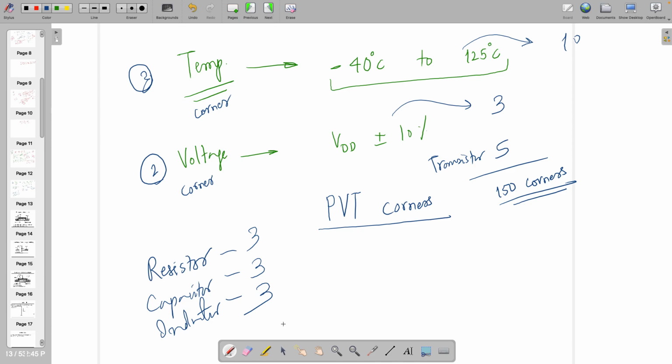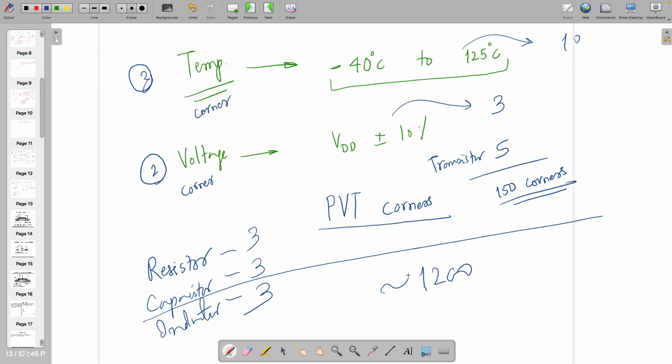So anyway, make sure that your circuit works on each and every corner. This is what all designers are doing when they are sitting in the office from morning to evening. Inductor is generally not there, but it is almost 1,200 corners.